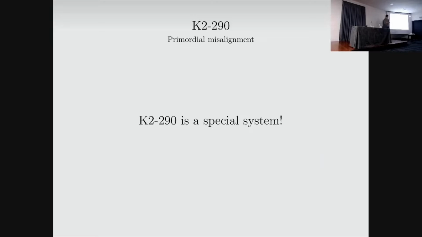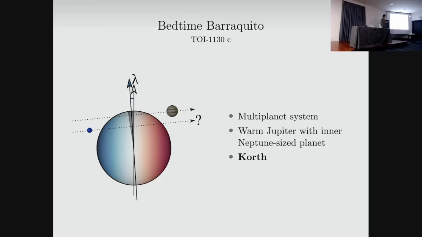Right, and this is a very special system in the sense that it has these companions out there. Because when we look at other multi-planet systems here, for the Beta Pictoris... we actually find them to be quite well aligned, and this system, TOI-1130, Judith can tell you much more about that system. It's also a very interesting system, but it sort of follows the more general scheme of these compact multi-planet systems.